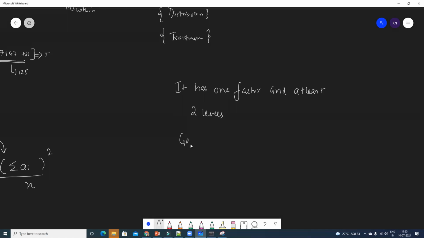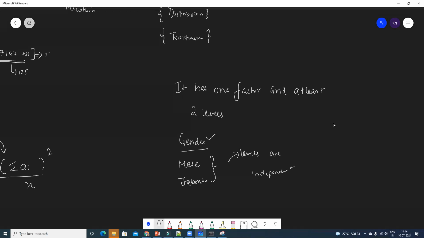Suppose I consider gender as an example. It has male and female, right? So this is a factor, these are the labels. And remember, these labels are independent.